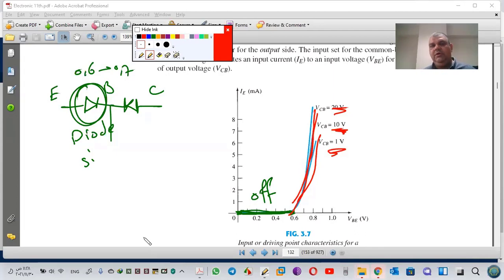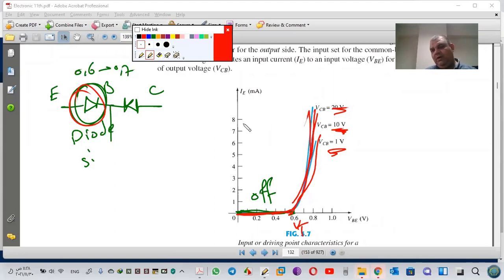So if I want to draw the input characteristic for the diode, first of all, make the output voltage constant, VCB 1 or 10 or 20. After that, change IE with VBE. You can see if I increase VBE until 0.6 or 0.7, there is no current. Then at VT, like for a diode, my current will increase.